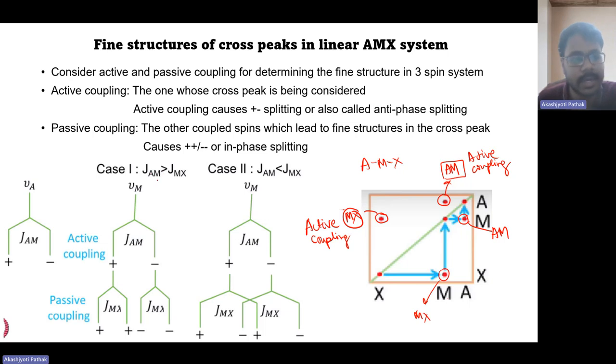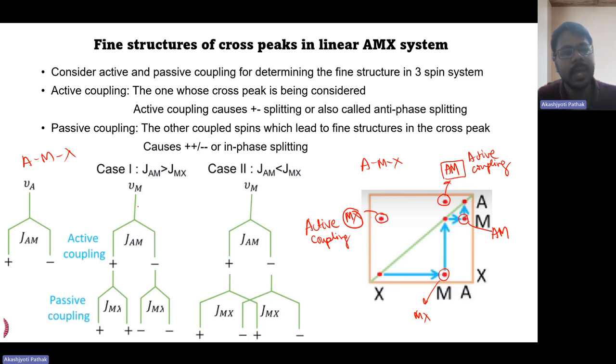If the AM coupling is greater than the MX coupling, then what will you get? First, consider this A spin. The A spin will be split into two, plus and minus, because this A is only coupled to M. So this M spin will cause the splitting of the A spin into a doublet, plus and minus, because of active coupling.